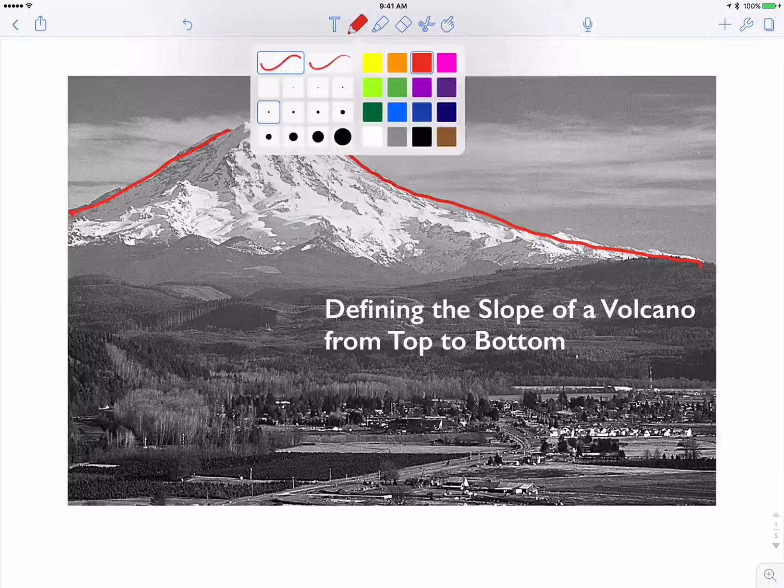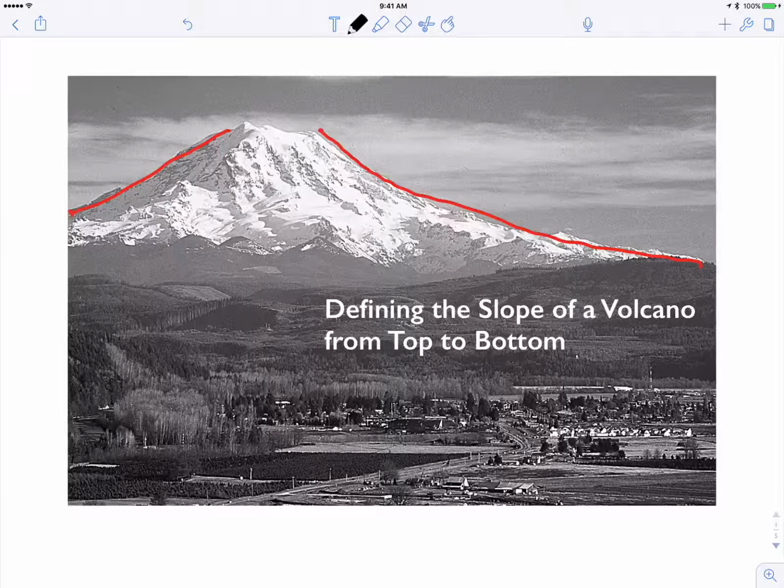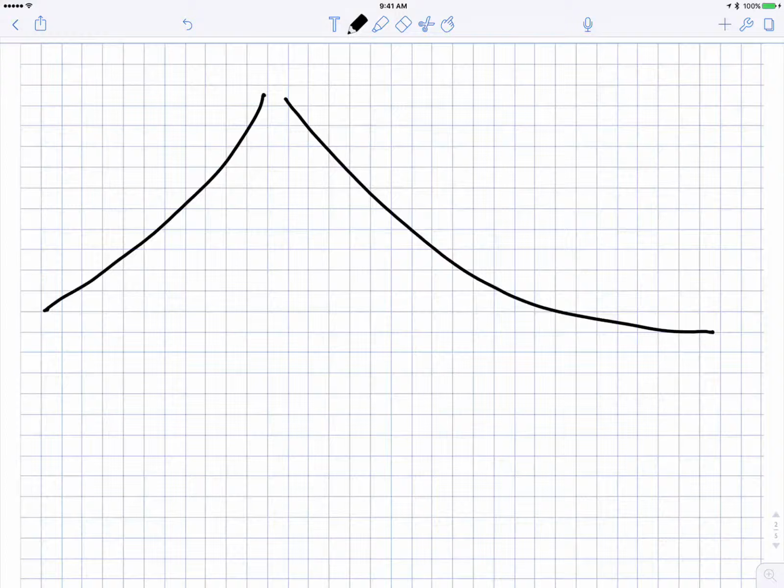So to do that, we're going to look at what people have done in the past in terms of the characteristic shape of volcanoes and how we can use those equations to then say something about the rates and timing of the Lahar. And remember, like we showed before, we tend to think of the shape of a volcano as being steep at the top and then getting flatter.